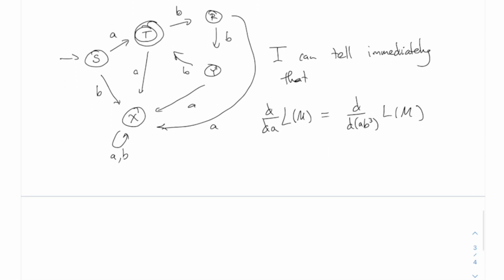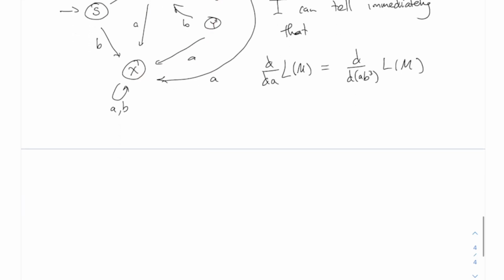Now, in fact, there's only 5 states here, right? That means there's only 5 possible choices of where the starting state could possibly be, which actually means that of all the different derivatives you take, there's only 5 possibilities for what the answer could be as a set. This is not obvious at all, but it's natural because taking a derivative is like moving the starting state, and there's only 5 different possible starting states.